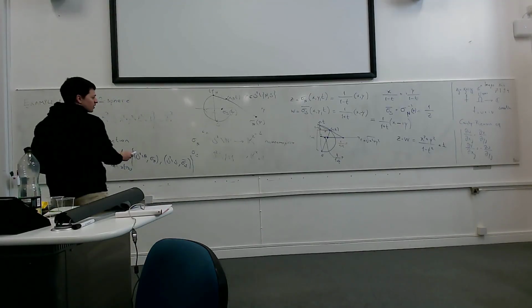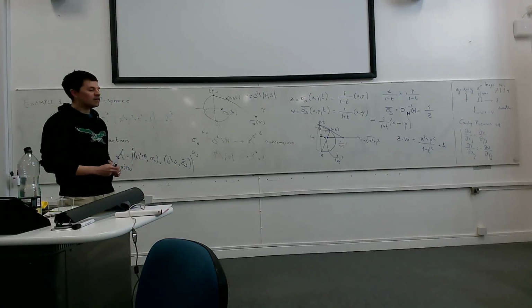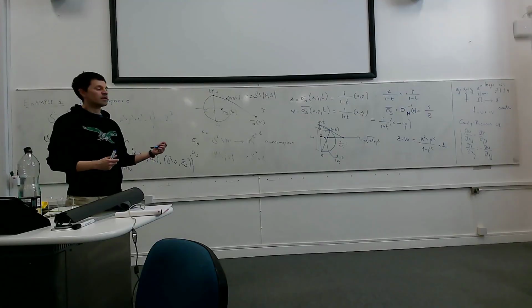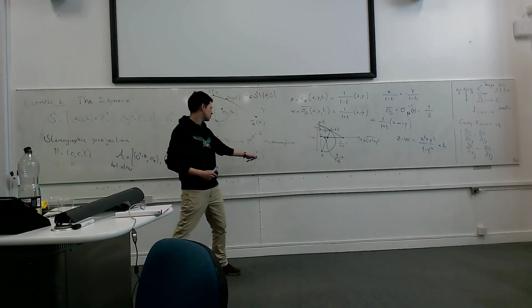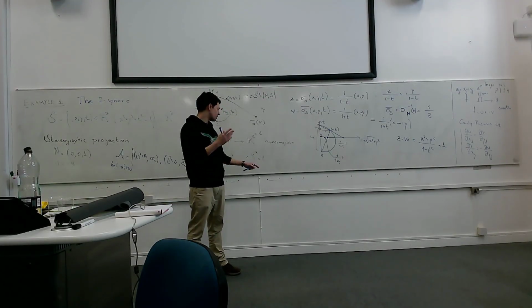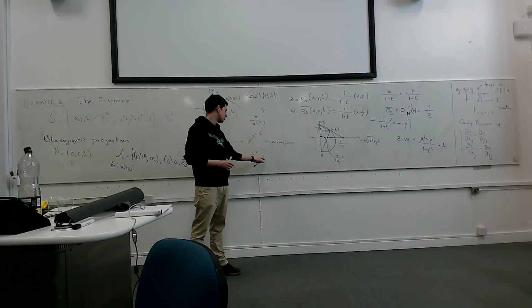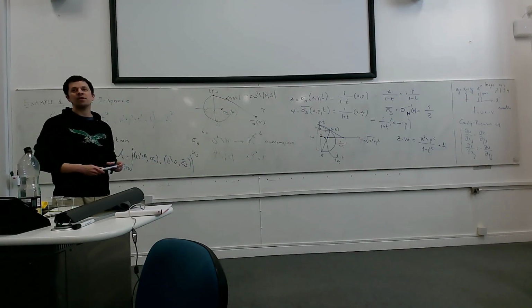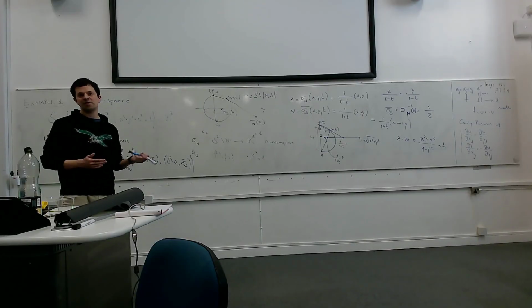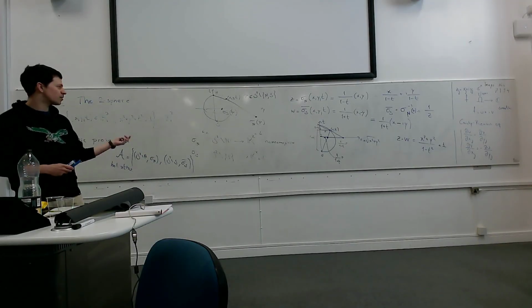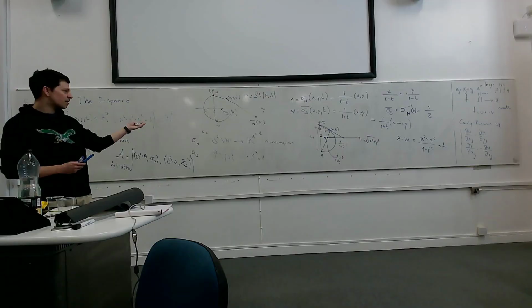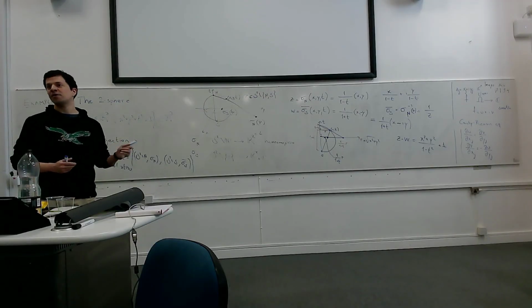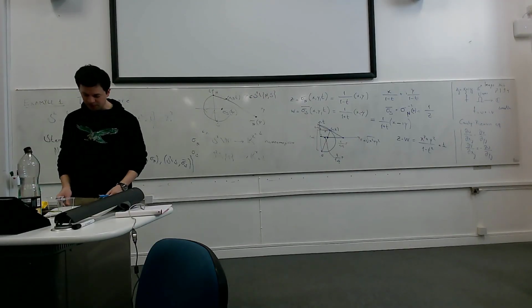Here, this is a complex manifold of dimension 1, because it's C. The complex dimension is always half of the real dimension. These things are known as Riemann surfaces. A Riemann surface is a complex manifold of dimension 1. So this is a Riemann surface, and this in particular is called the Riemann sphere.